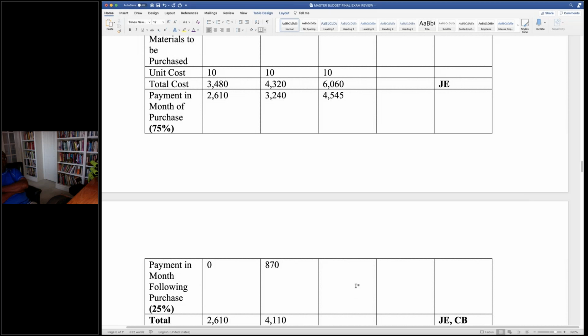Oh no, that's not how we got that. We got that by payment in the month following. So we're gonna take the 4,320 and get 25% of that. Yeah, you're right, Kira. And then we're gonna get 1080.